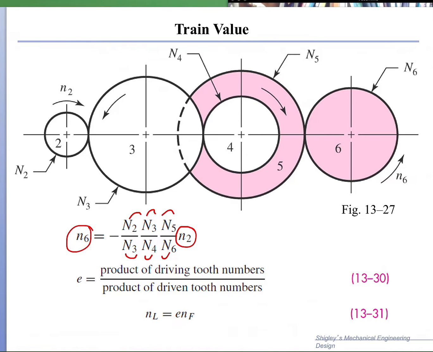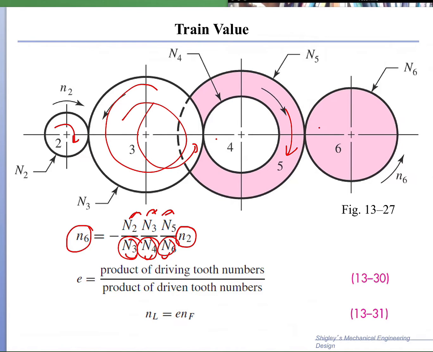If you look at the driving gears, 2 is driving. 3 is also driving because 3 is driving 4, and then 4 is not driving anything, but 5 is driving 6. So 2, 3, and 5. And the driven: 3 is both a driver and driven, because it goes both ways, and 4 is driven, and then finally 6 is driven.